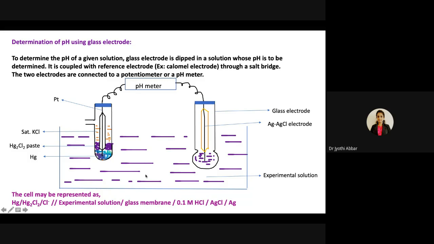The experimental solution can be any solution that is acidic in nature. It can be a fruit solution, a saliva solution, a citric acid solution, any solution that is acidic in nature.